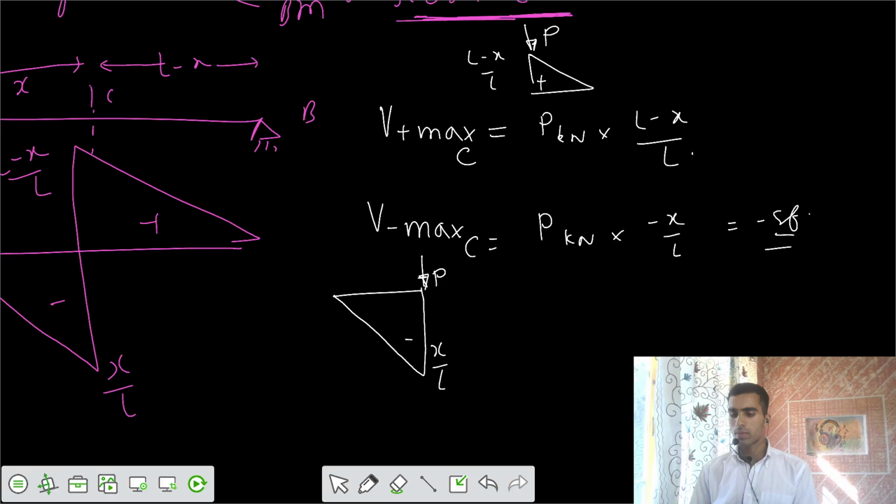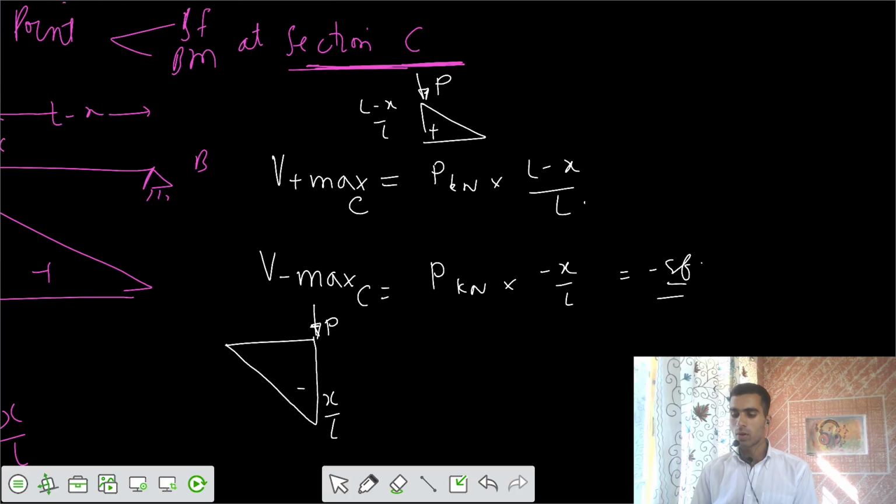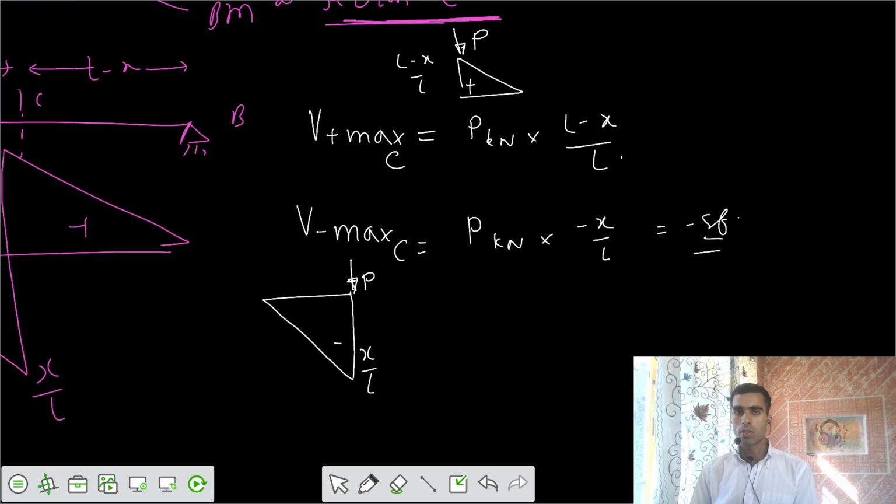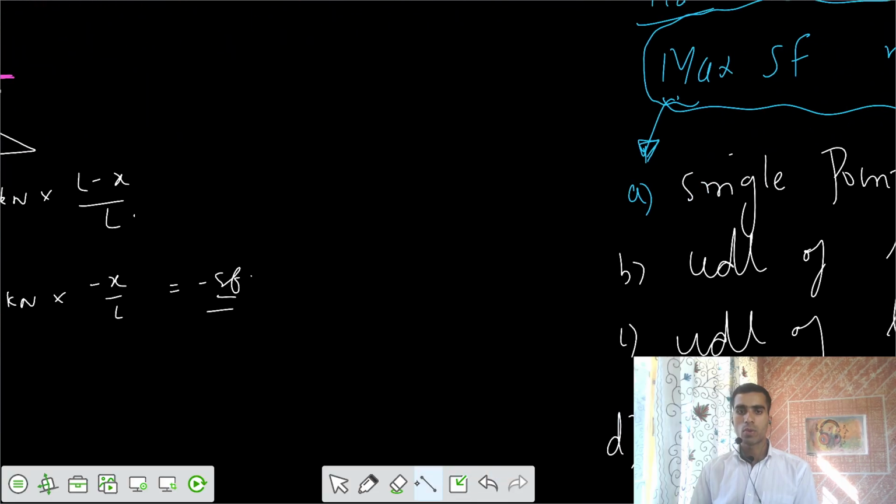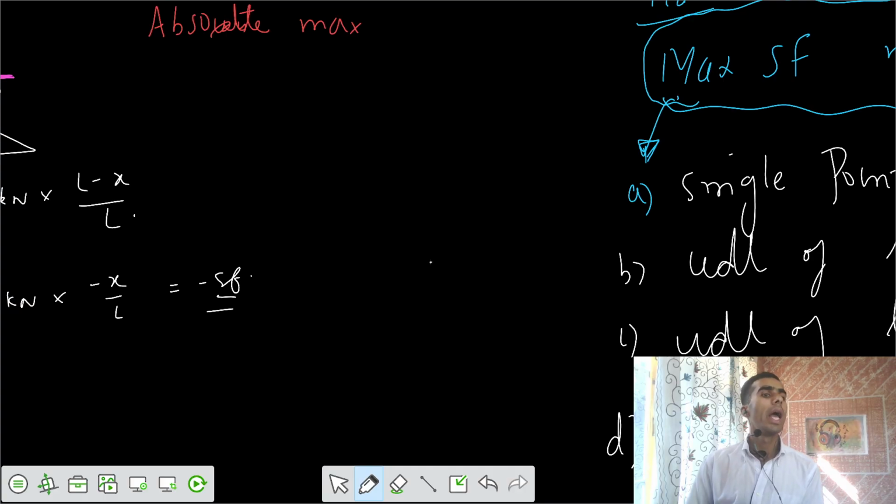Now, if you talk about one more thing, we call as absolute maximum values. You can write absolute maximum values of shear force and bending moment.